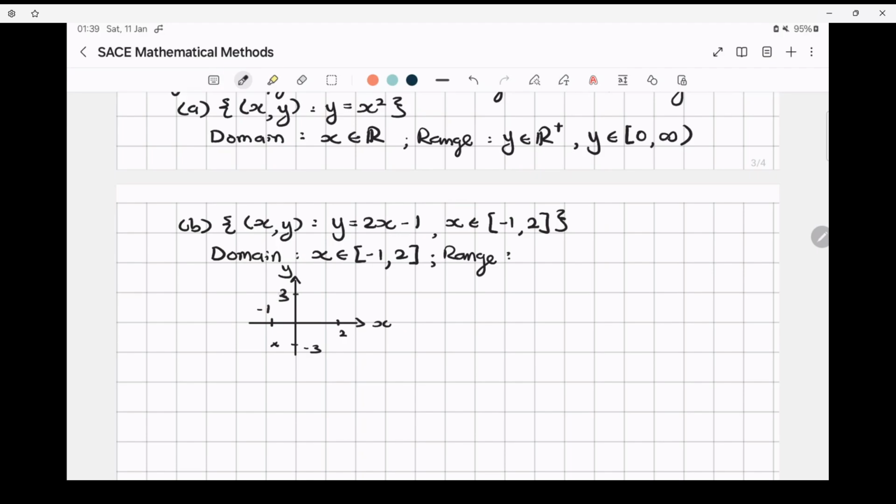And at x equals 2, your y is basically 3. So this is your line. So you just connect back. So you can see that the range y would be from -3 to 3. So that will be your range.